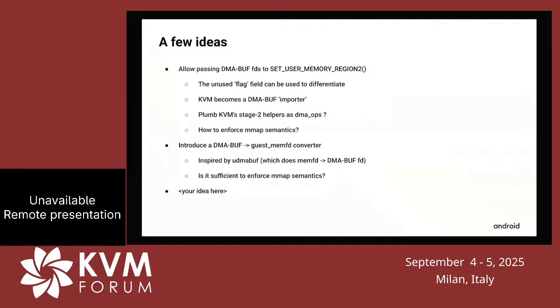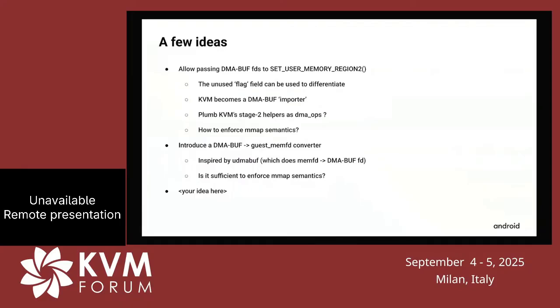It's quite interesting from the coding side, because whenever you want to import a dmabuf, you have to call into the dmabuf core, and the operation of importing a dmabuf is very much centered around the struct device. I think in order to do this, we would probably have to allocate a struct device per guest.